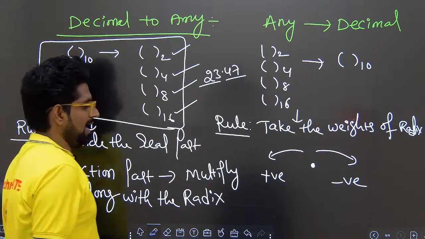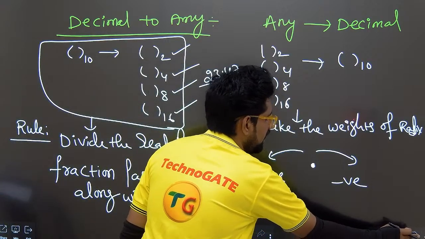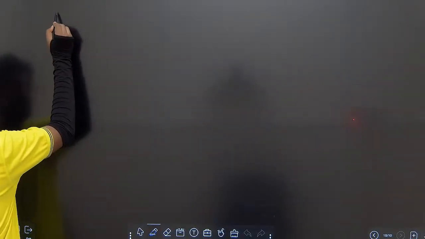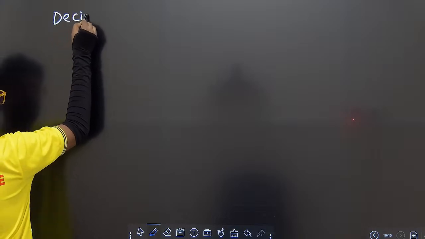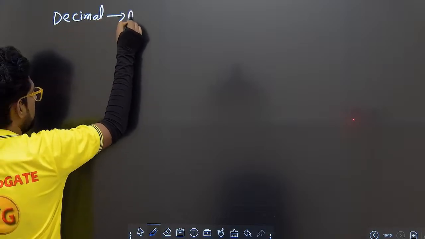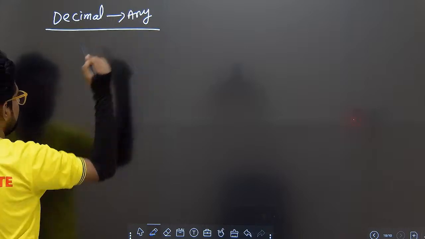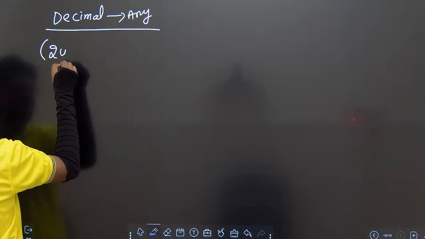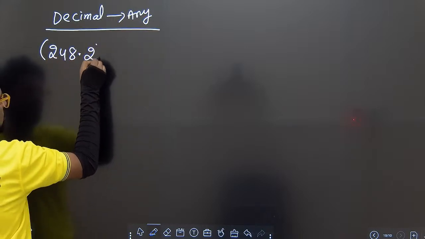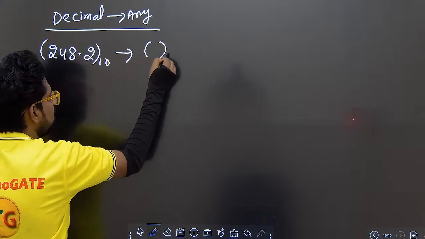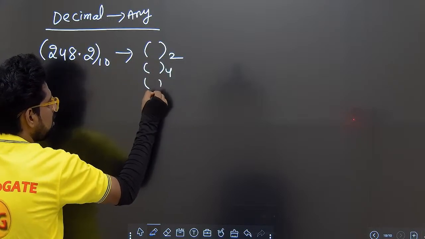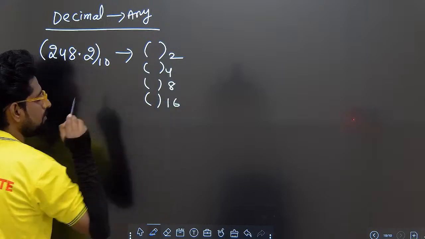Now let us take the examples here. Let me take the example for the first module that I said, decimal to any. For this I am taking one example: 248.2 base 10 to any, meaning either base 2, base 4, base 8, or base 16.